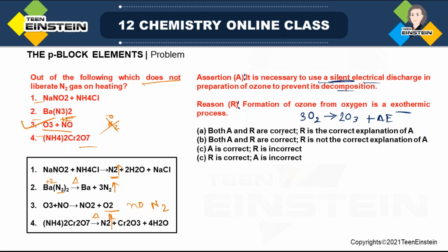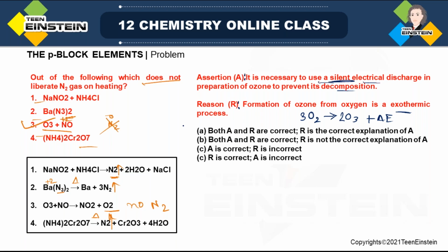Now, if we look at the options, first we have to see whether both the statements are correct or not. Then, if both are correct, the next question arises whether the reason is the correct explanation of the assertion statement or not. But first we have to see whether it is correct or not.